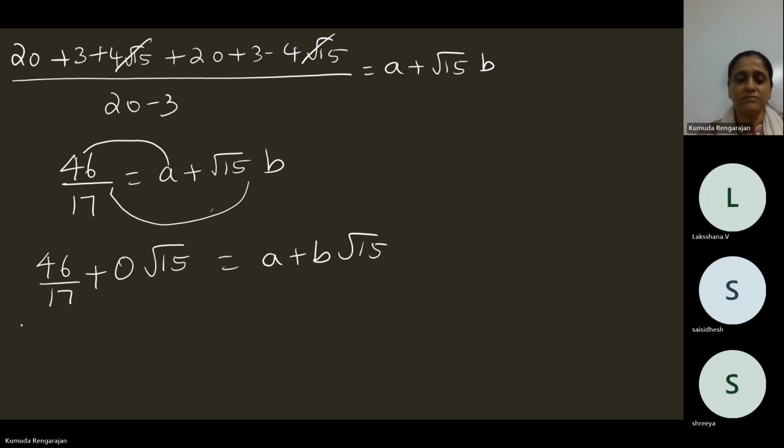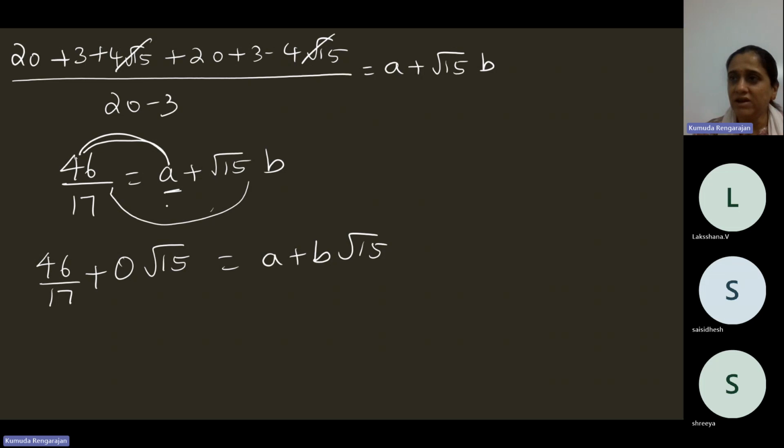Correct? In the right-hand side, we have two terms. A is a rational term, root 15B is an irrational term. But on the left-hand side, we have only one term. We need two terms because right-hand side has two terms, then left-hand side also we should have two terms. Only then you can compare the rational with the rational, the irrational with the irrational. So on comparing the rational with the rational, A is equal to 46 by 17.